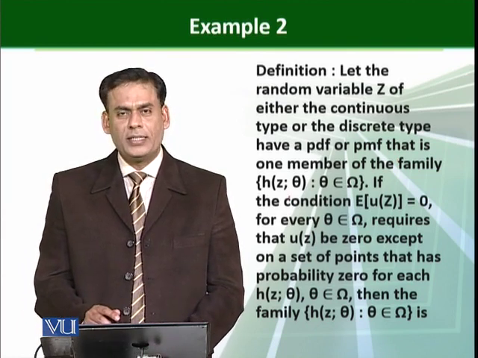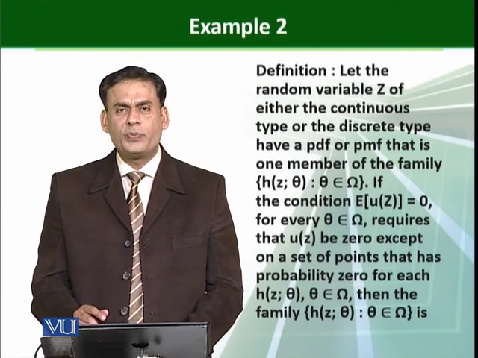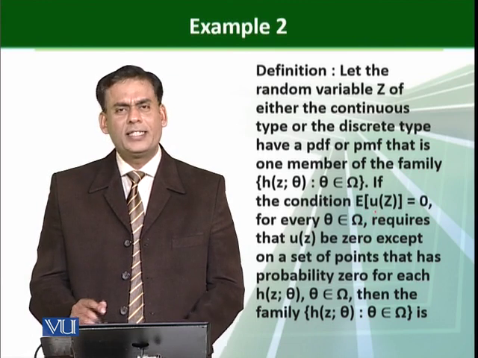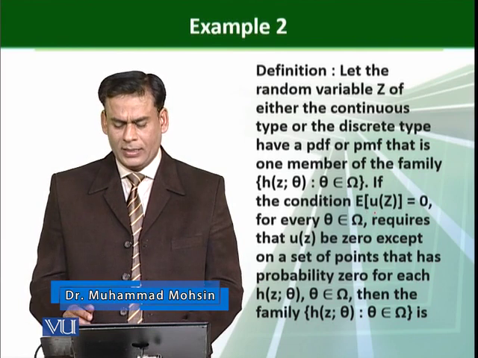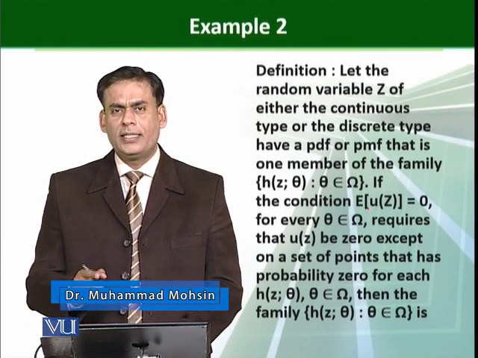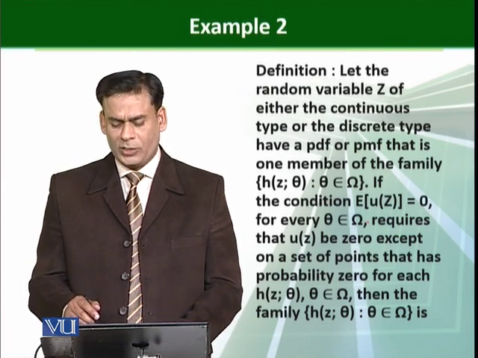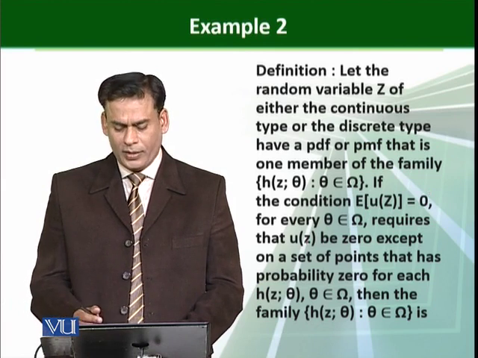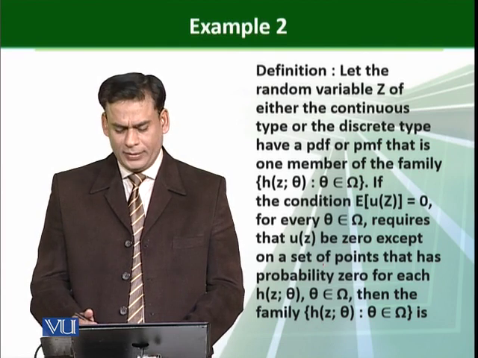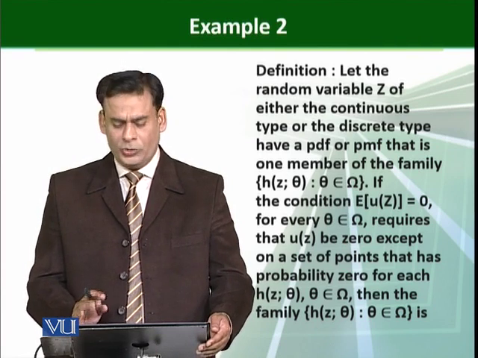The condition that the expected value of u(Z) equals 0, the same condition we have already discussed in the definition of completeness, where we considered the expected value of g(X), but here it is the expected value of u(Z), for every theta belonging to omega, requires that u(Z) be 0 except at those points where the probability is 0.